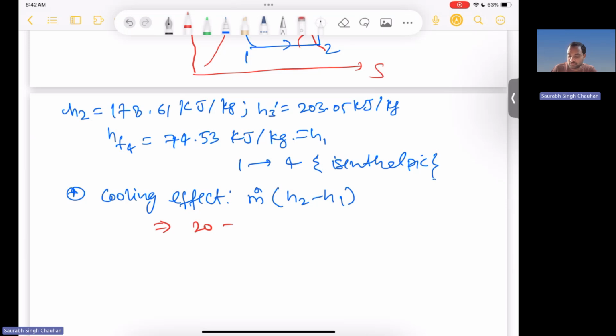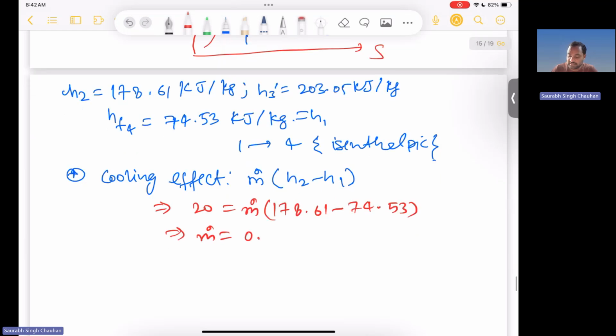So m dot is the mass flow rate of the refrigerant, and H2 and H1 we have, just substitute the values. So 178.61 minus 74.53, and you have the m dot. I'm writing the direct value, and I have this value 0.192 kilogram per second.